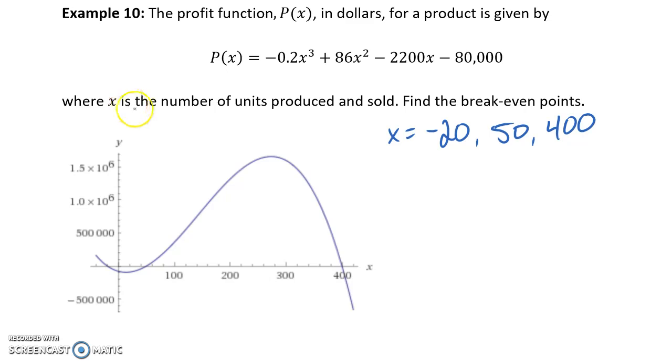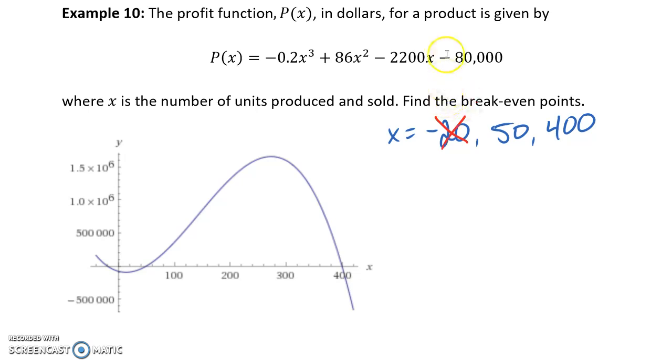Again, x is the number of units being produced and sold. A value of 400 units would make sense, 50 units would make sense, but this value of -20 doesn't really make sense. We can't produce a negative number of units. So in this case, we want to throw out that particular solution.